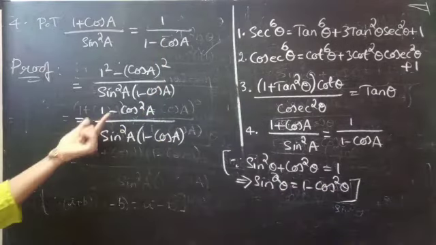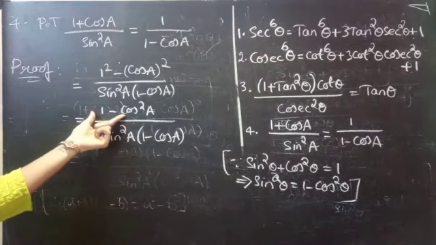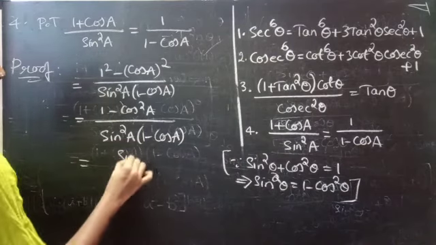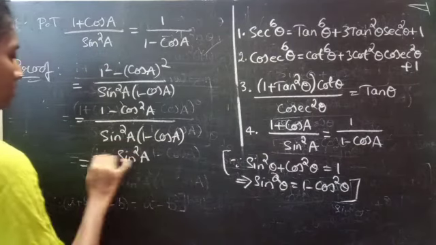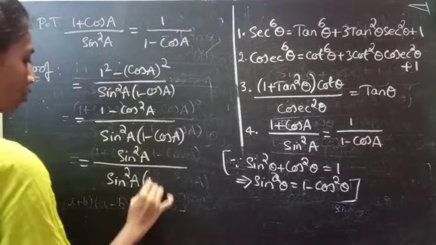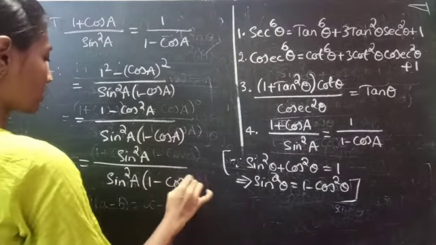Okay. So now you can replace 1 minus cos square A with sin square A. So this equals sin square A by sin square A into 1 minus cos A.